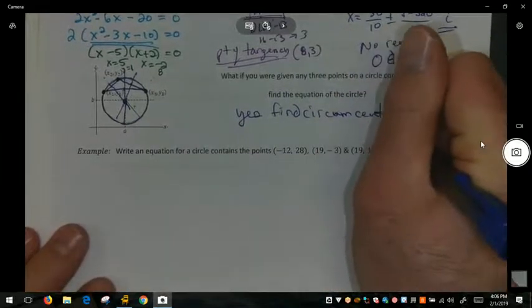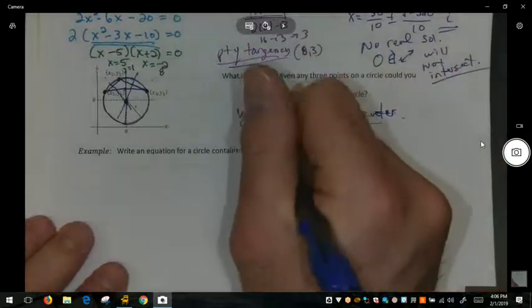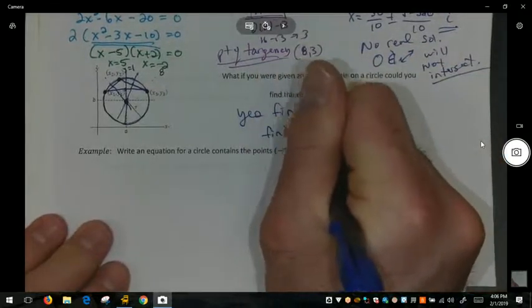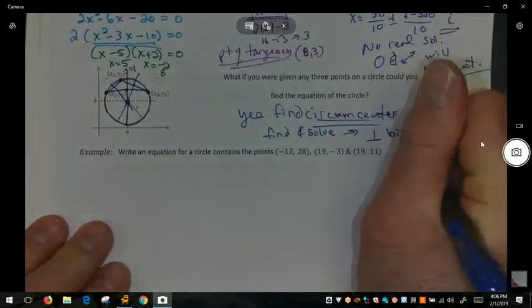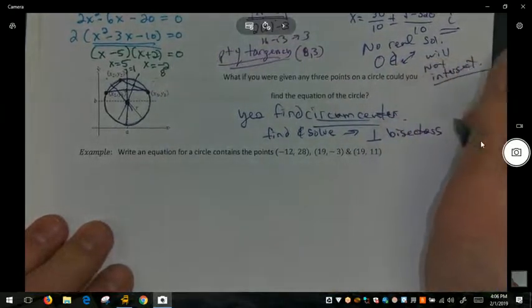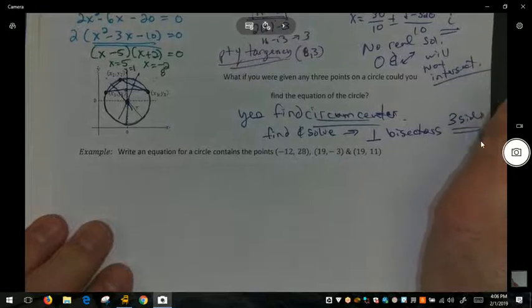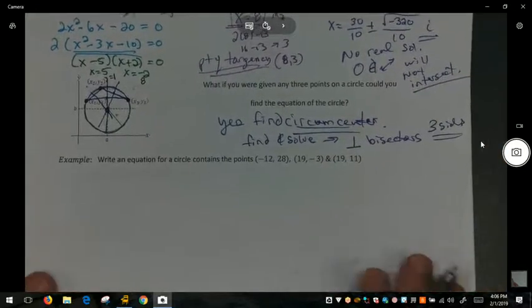To find the circumcenter, we need to find and solve the system of equations of the perpendicular bisectors for the 3 sides. Technically, you could do this for 2 and then just check it with a third.